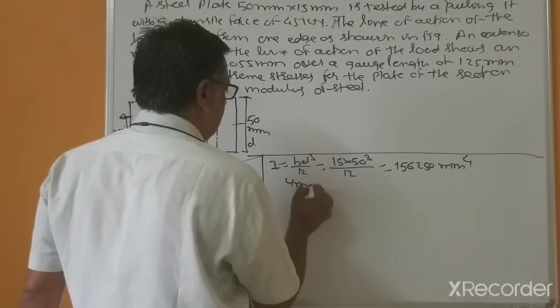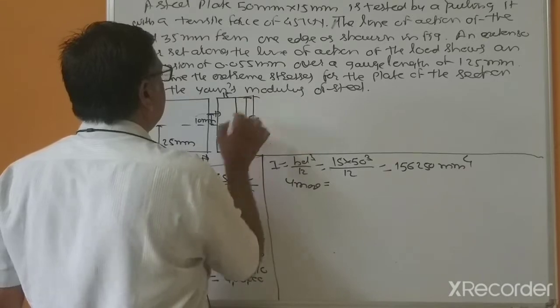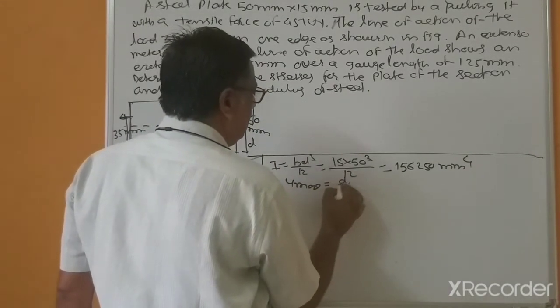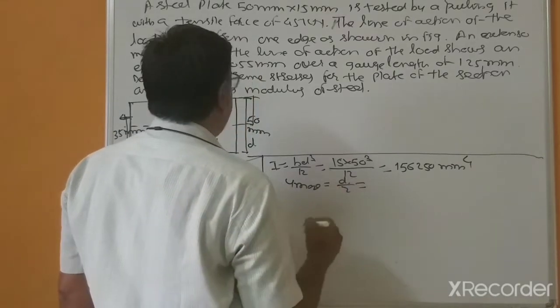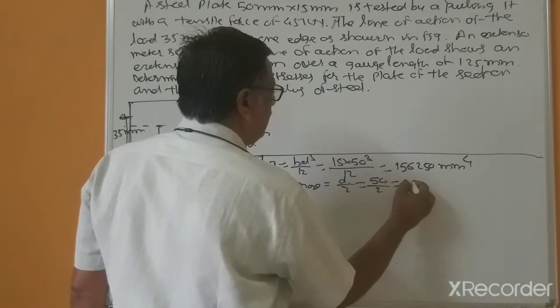Y max, this is the distance, equal to D divided by 2, and D equal to 50 depth, divided by 2, this is 25 mm.